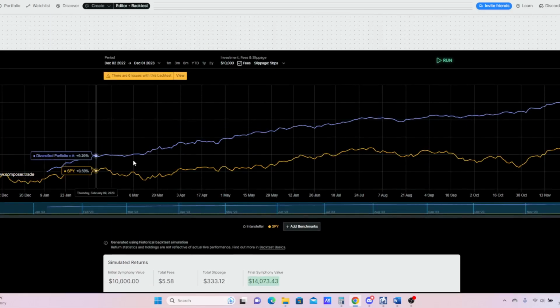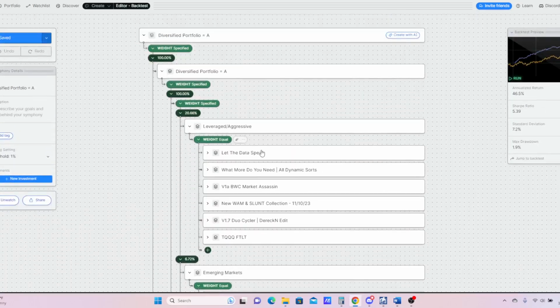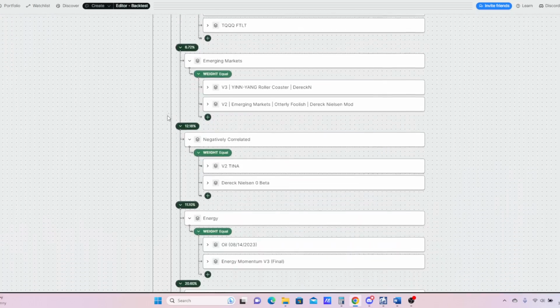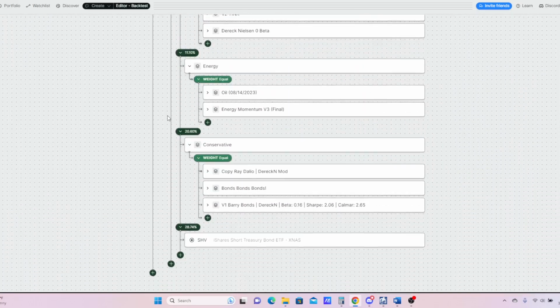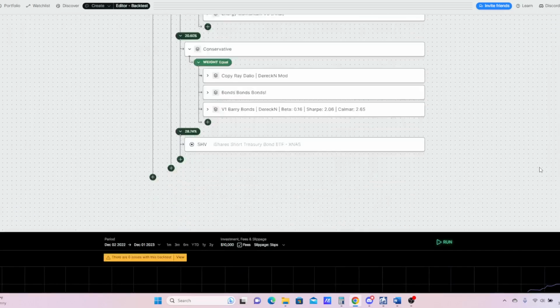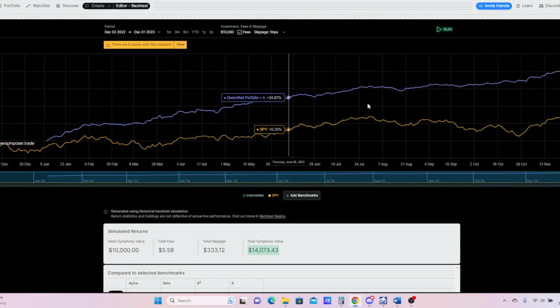So it doesn't go back very far just because a lot of these symphonies, mostly these ones up here, they contain tickers that just are not testable very far back, which is fine. I think if your portfolio is divided up in such a way to where you have your risk sort of spread out like this is, you don't necessarily need to worry about testing too far back.